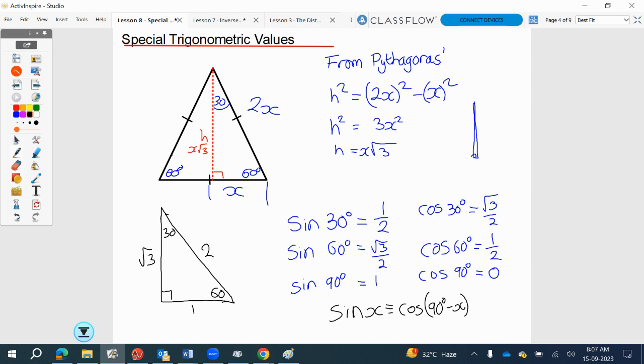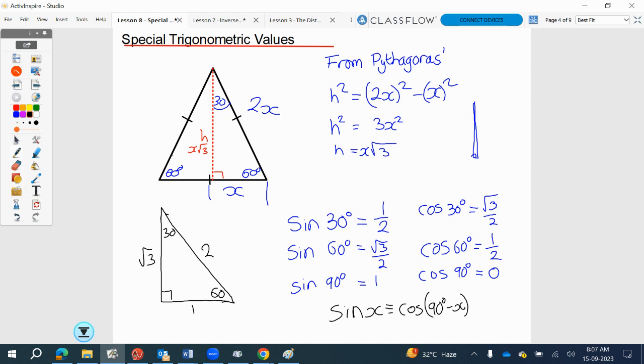All right-angled triangles with a 60 in them will have some multiple of these three values because they're all similar. So x is the multiple, but we don't need it because when I put x over 2x, the x's cancel. I just did it to make it look easier.